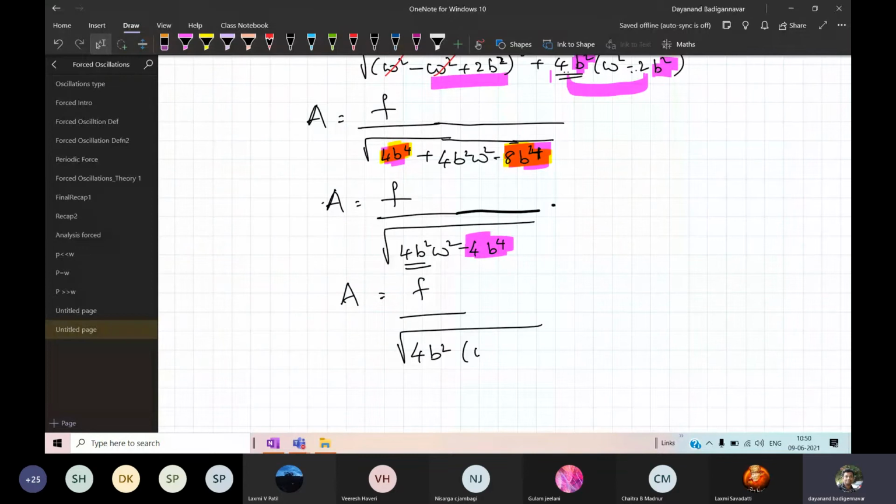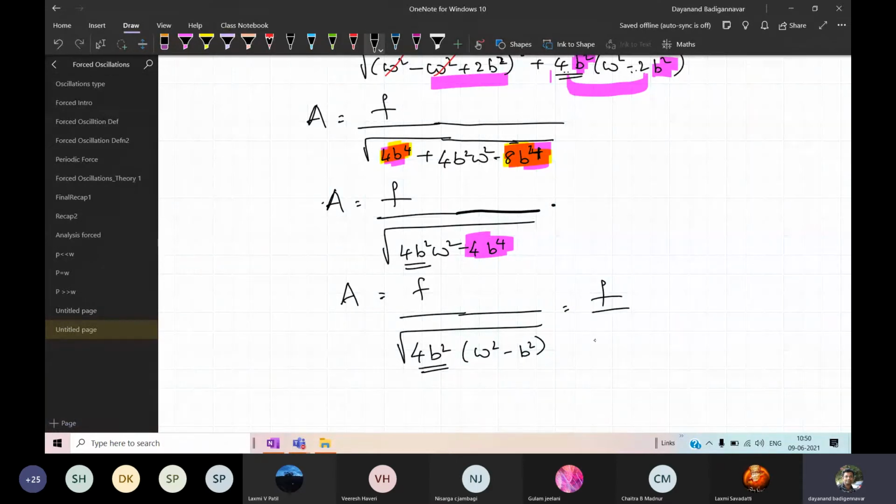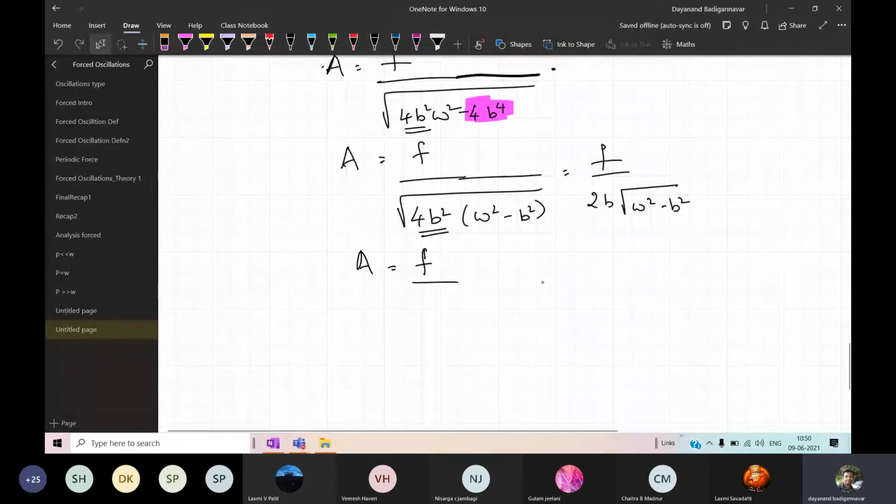So that is equal to f divided by, if I take this b square outside, 2b into root of omega square minus b square. So this is the value of A at maximum amplitude.